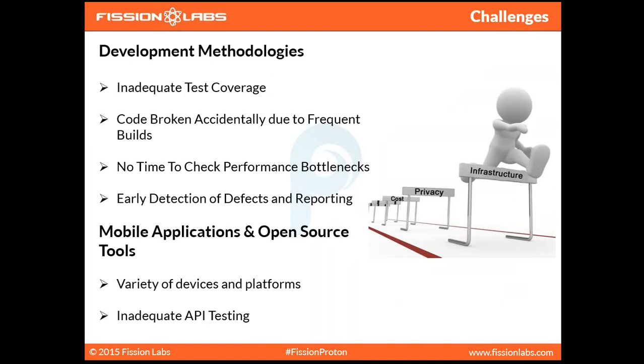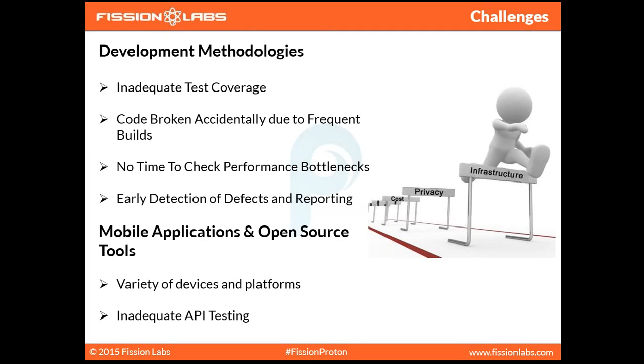So that makes for the challenge of adequate testing from the QA point of view. Because of the short duration of the sprints, it is very difficult for QA to come up with proper test cases to cover the total functionality. So that makes the total testing effort inadequate, which we need to address.